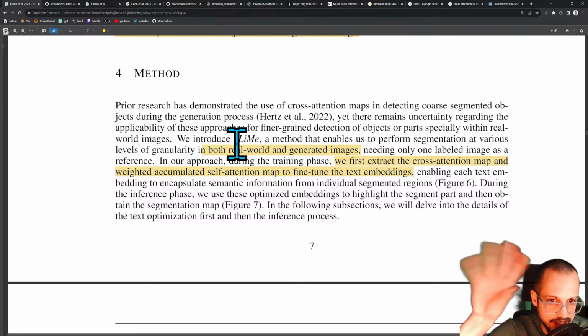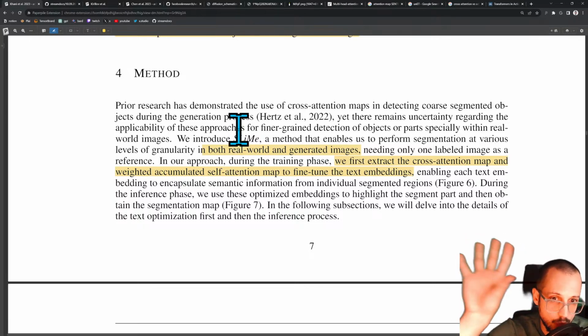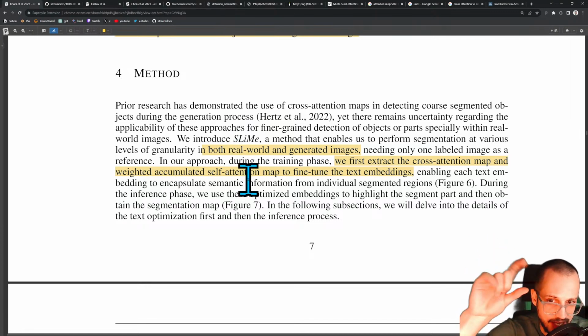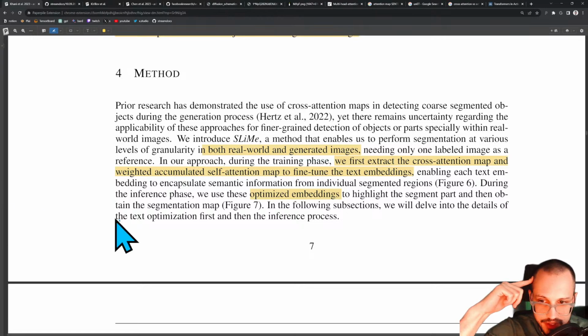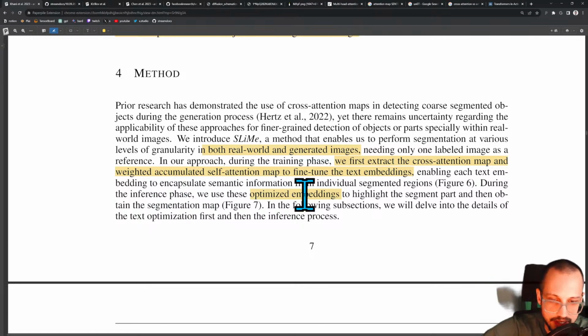They describe that you only need one image, but we're basically going to take that one image with the corresponding segmentation map, and the optimization process is going to consist of basically changing this text embedding model, which they're calling here the optimized embeddings. We will delve into the details of the text optimization first and then the inference process.